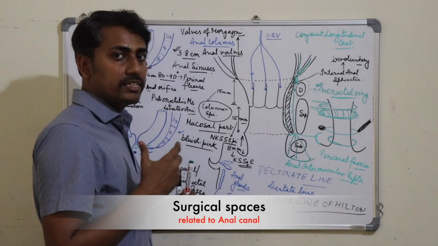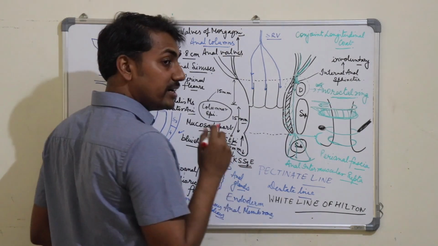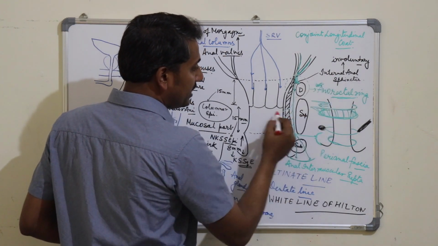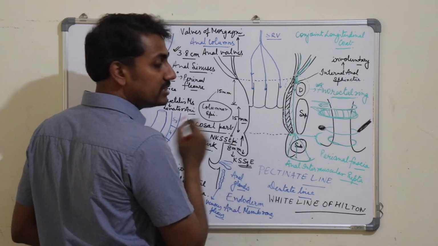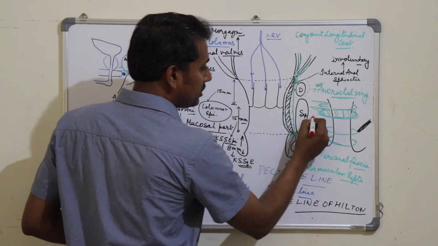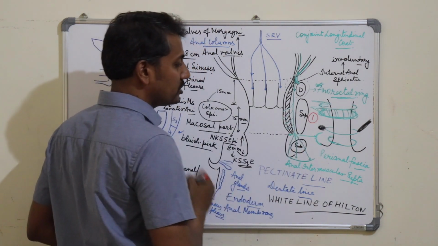Now, what are the surgical spaces which are related to the anal canal? The first space is the ischiorectal fossa, which is present laterally to the anal canal on both these sides, above this perianal fascia. So this is the first space, ischiorectal or ischioanal fossa.